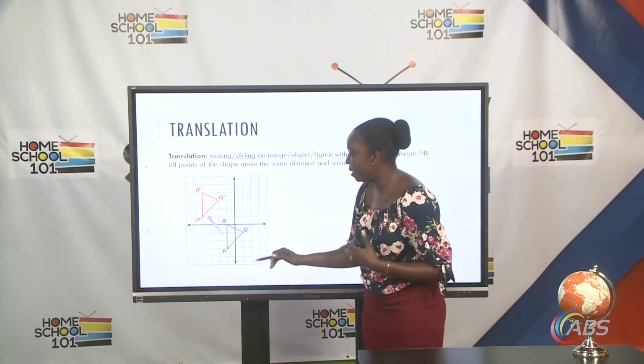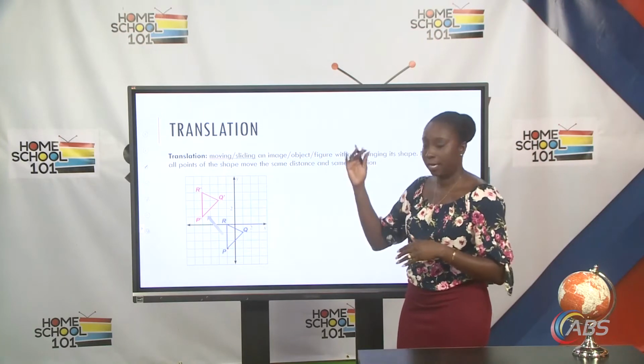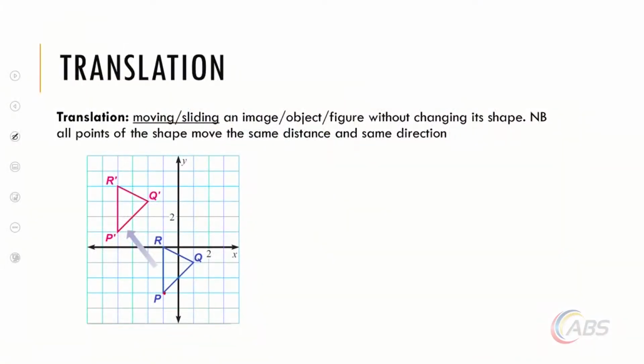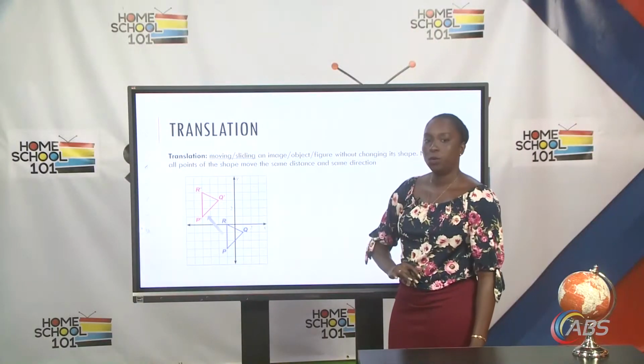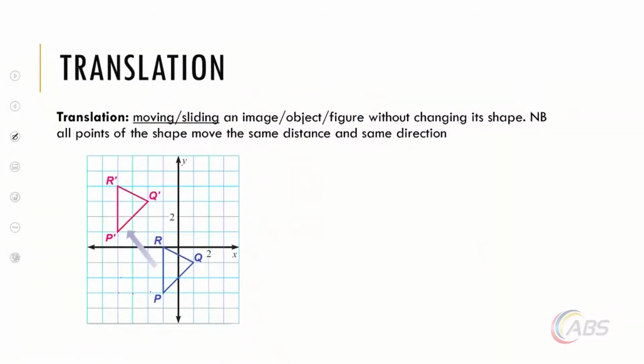So let's count how many places left we have to go, and then we'll decide if we go up or down to get to P prime. So if we're here at P, we're gonna go to the left 1, 2, 3 places, and then based on the position of P prime, we know we're going upwards. So we go up 1, 2, 3, 4 places.